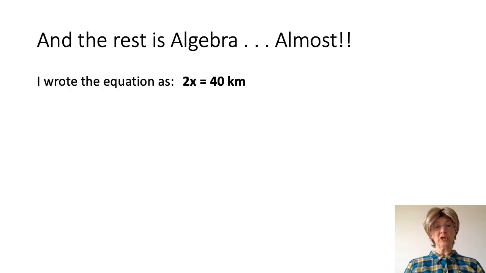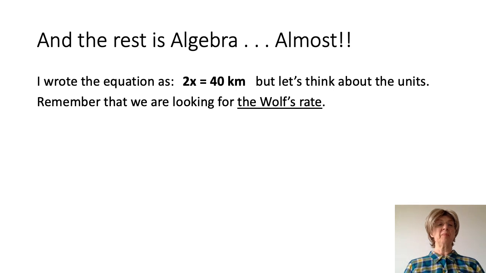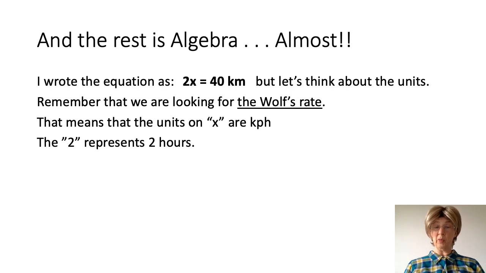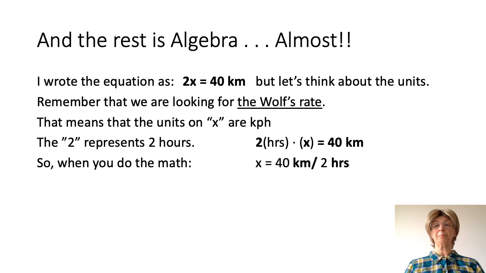I wrote the equation as 2x equals 40 kilometers. But let's think about the units. Remember that we are looking for the wolf's rate. That means that the units on x are kph, kilometers per hour. The 2 represents 2 hours. So when you set up the math, you have 2 hours times x equals 40 kilometers.